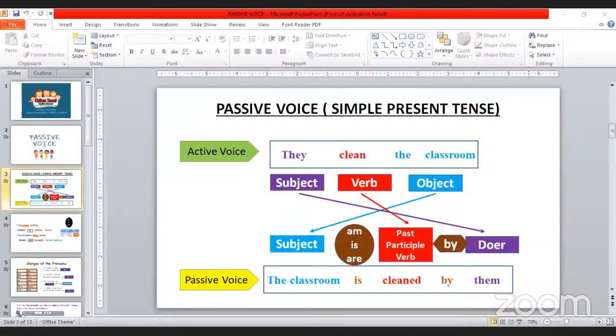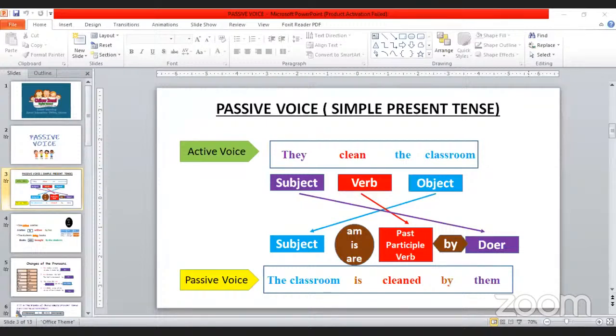Right. First of all, we have to decide what the object is, a letter. According to that, we have to use a helping verb.